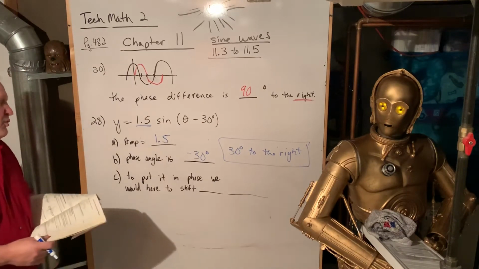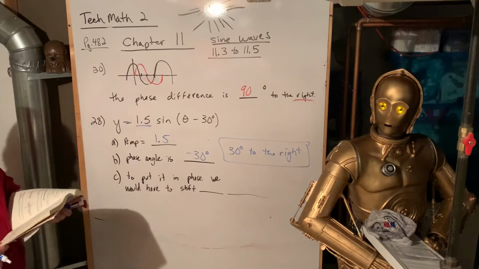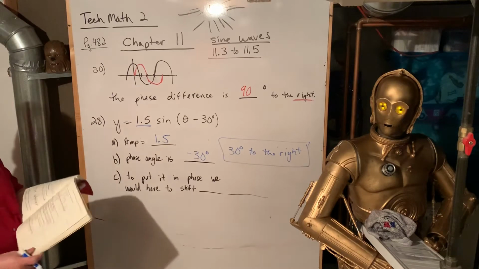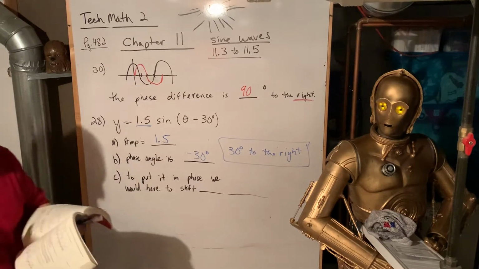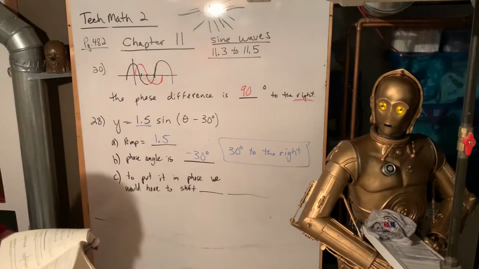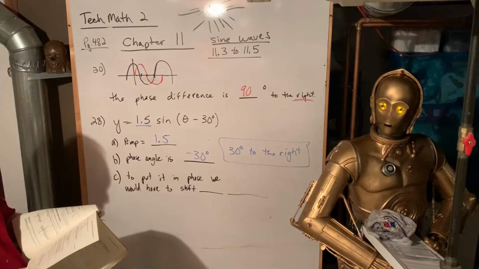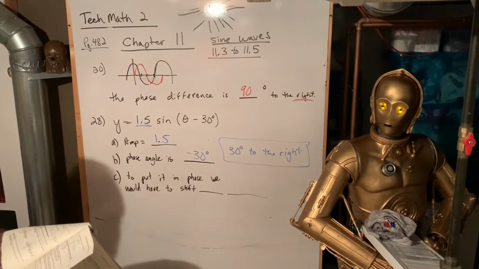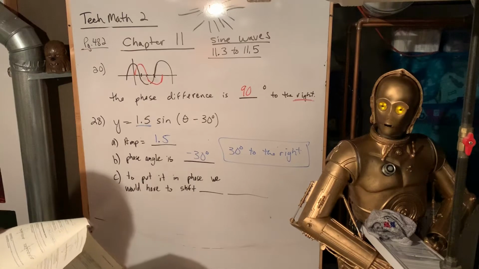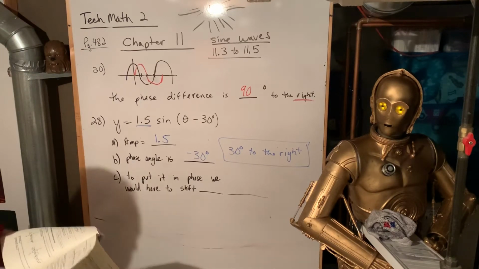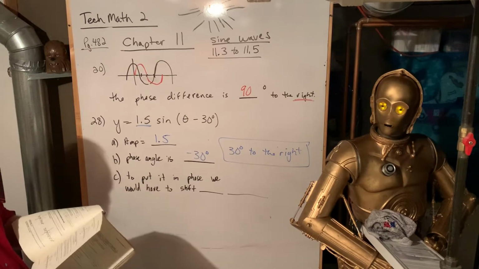And then to put it into phase, so in order to put it back, so it's in phase with a fundamental curve, we'd have to say 30 degrees to the left would actually put it back in phase.